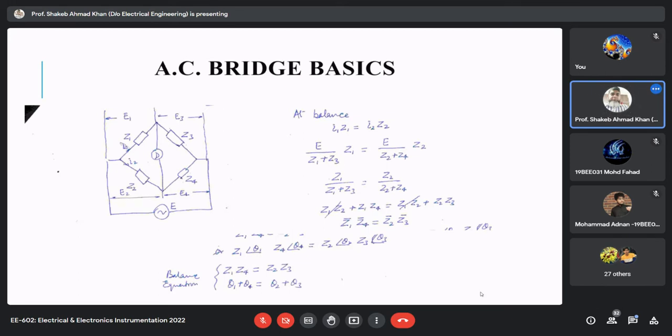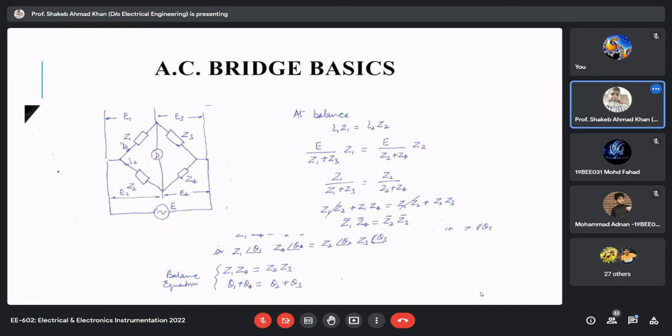Because of whatever has been added into it, the AC bridge circuit is a much more complex circuit than the DC bridge. Although the circuit arrangement is similar, despite that, the AC bridge is much more complex. And how it is complex, I'll discuss today itself.